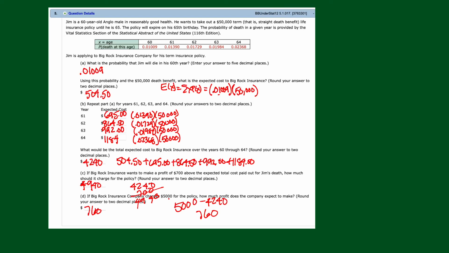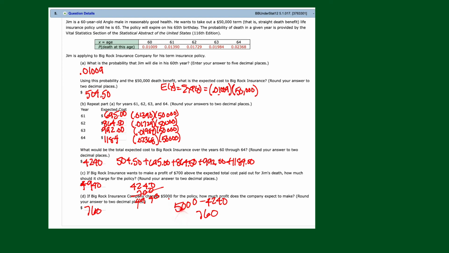Let's just make sure we understand what's happening here. Big Rock sells policies to this group of people, from 60 through 64. Say they're charging $5,000.